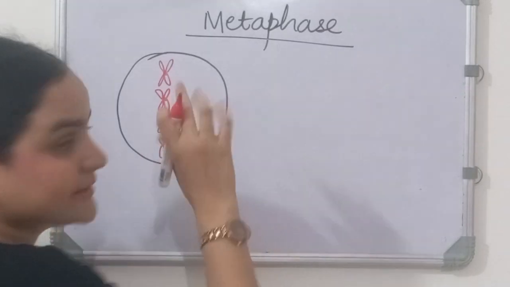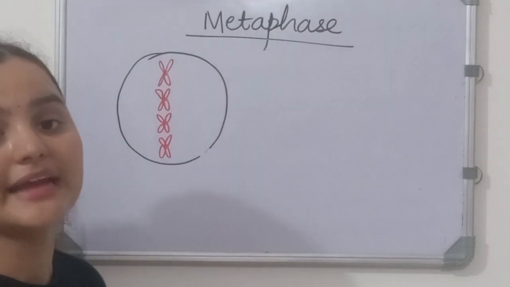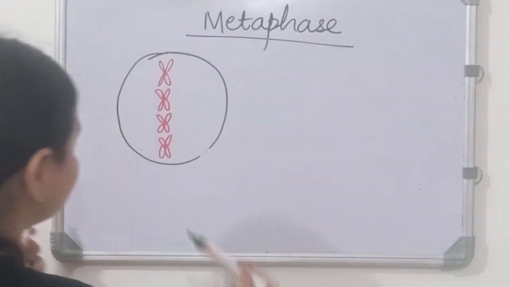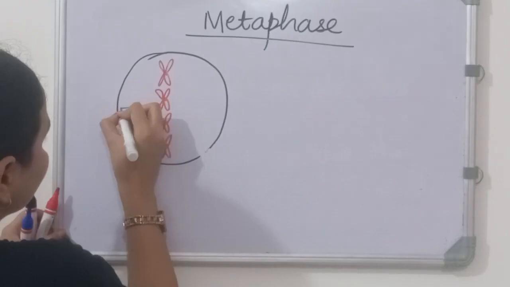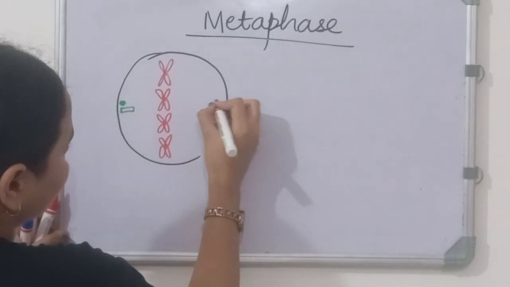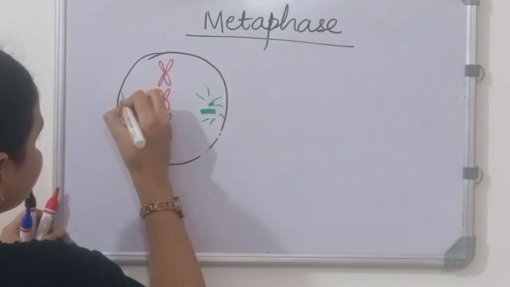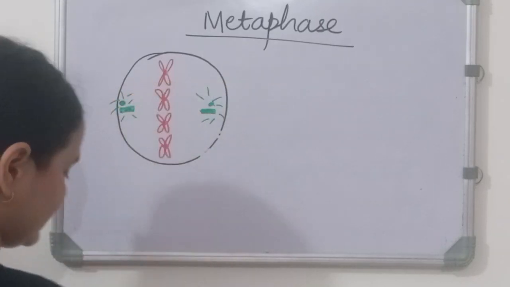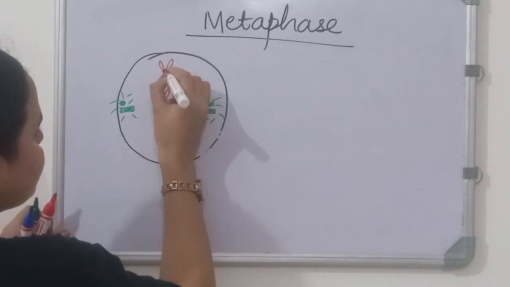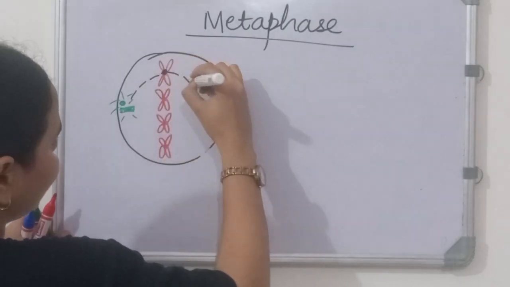Now, these chromosomes with their centromere, they were attached to the spindle fiber. So let's draw that. First we'll draw this is centrosome. Now we are drawing the spindle fibers. So through centromere, these spindle fibers are attached.